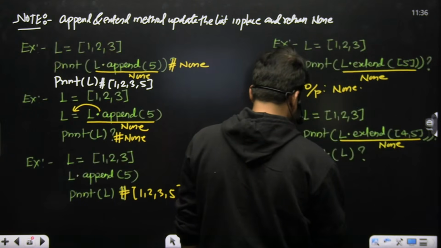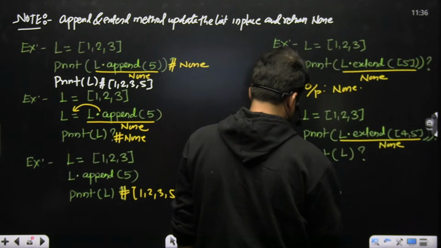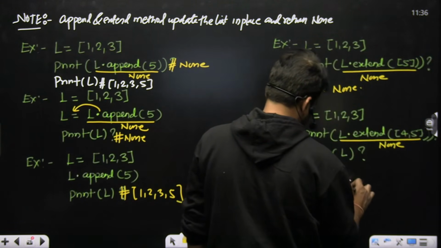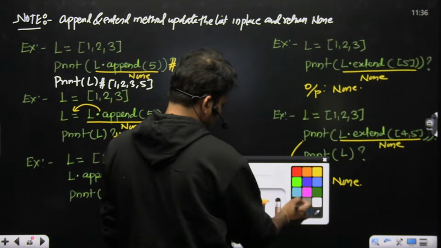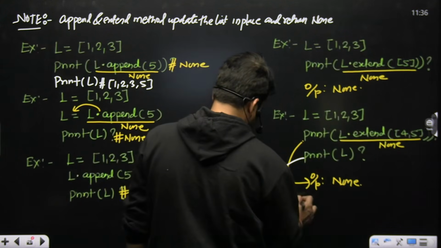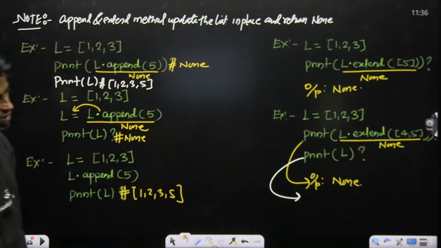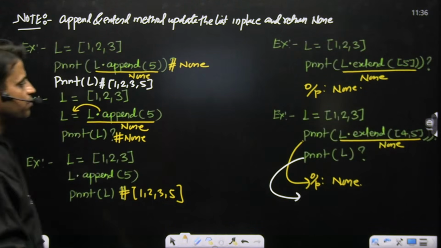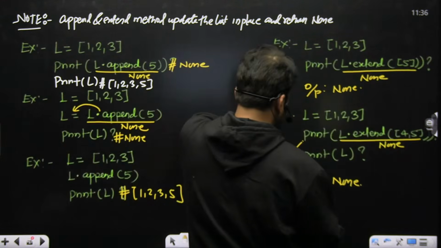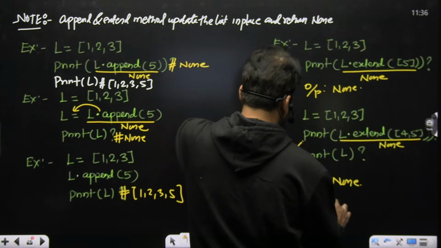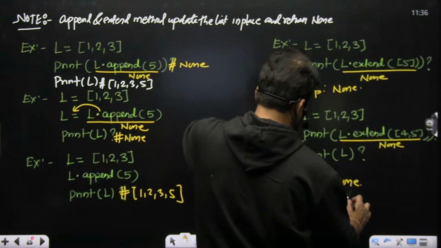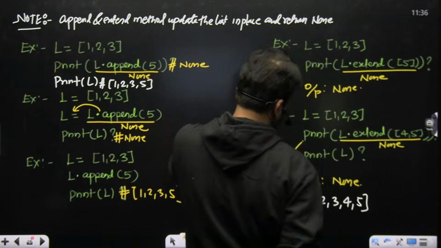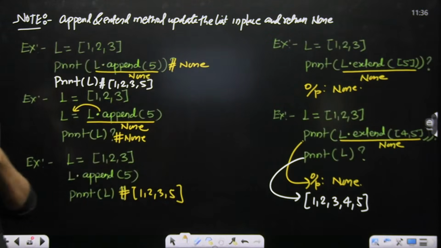So the output of this one is None. What about this one, student? What is the output of this print L? Sir, it extends this list, 1, 2, 3, and after the outer bracket is removed, 4, 5. So the answer is 1, 2, 3, 4, 5. Okay.